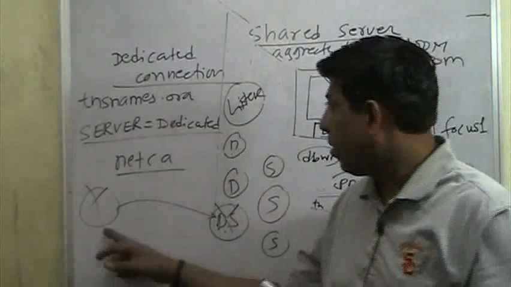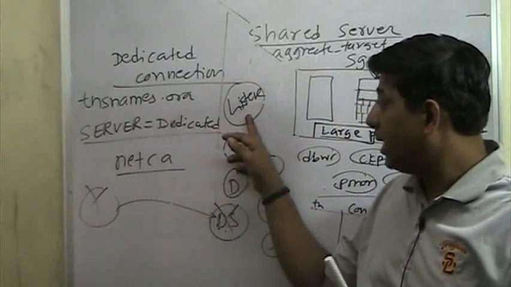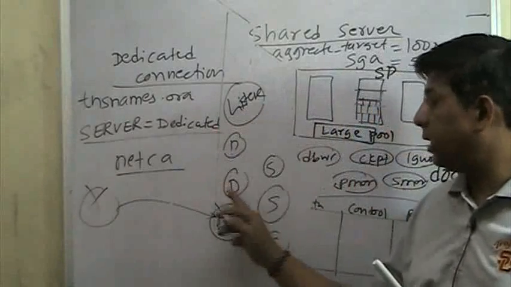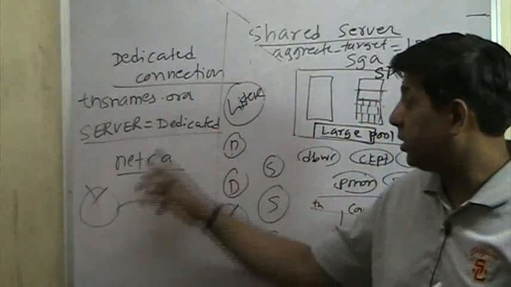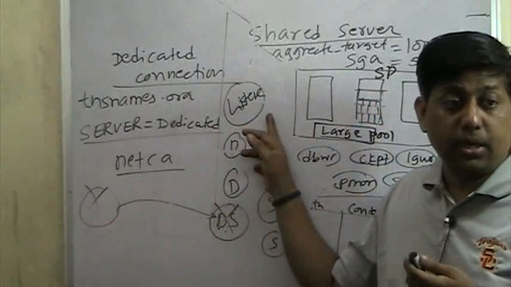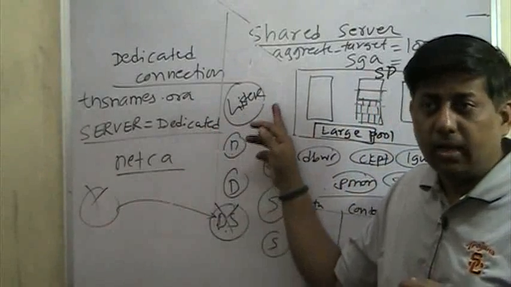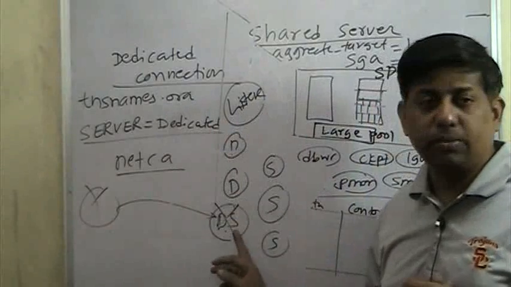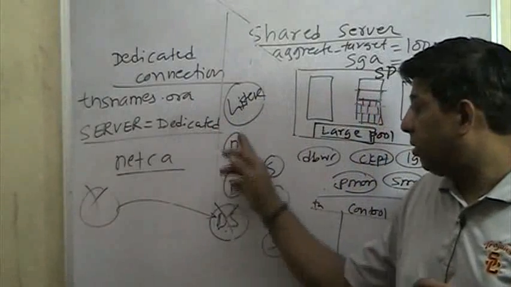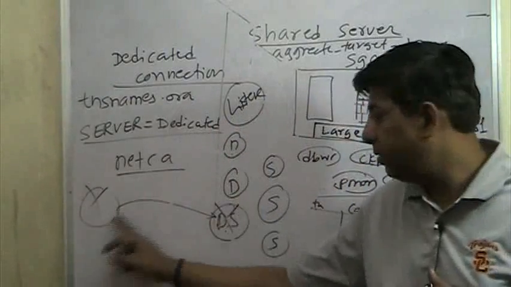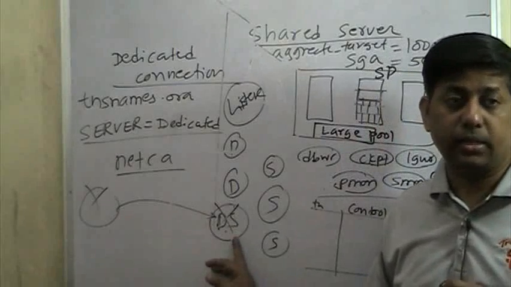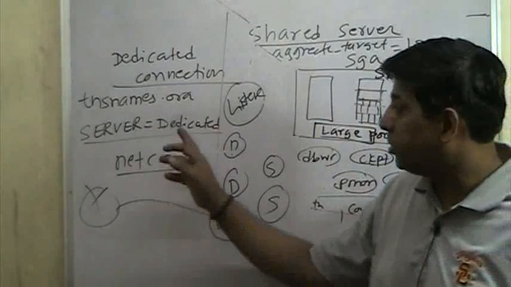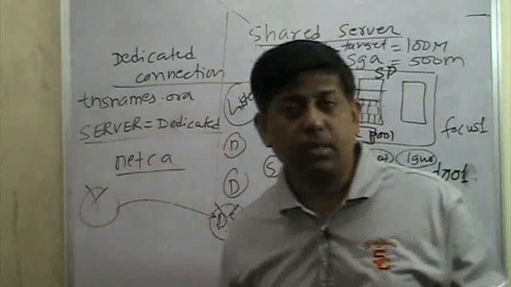He will contact the listener. The listener will realize that even if the database is set up in a shared server environment, this person is requesting a dedicated server connection. He must be a special customer, so it starts a dedicated server process for him, bypasses all the dispatchers, and he directly contacts the dedicated server process. This happens only when you put this line inside the tnsnames.ora file.